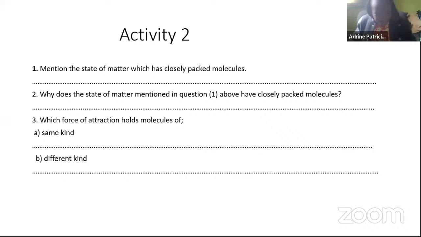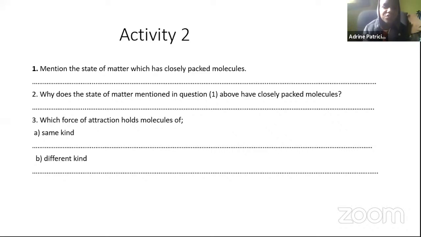Which force of attraction holds molecules of the same kind? Cohesion force. Very good. Cohesion forces. What about B?